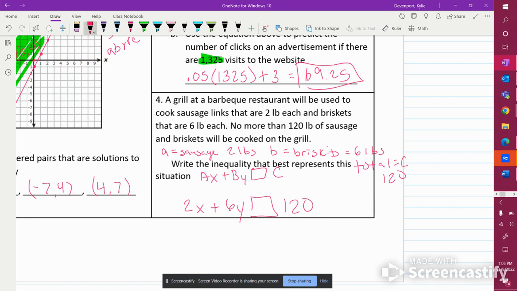Now, if no more than 120 pounds of sausage and briskets will be cooked, no more than 120 pounds of sausage means that it has to be less than 120 pounds, right?